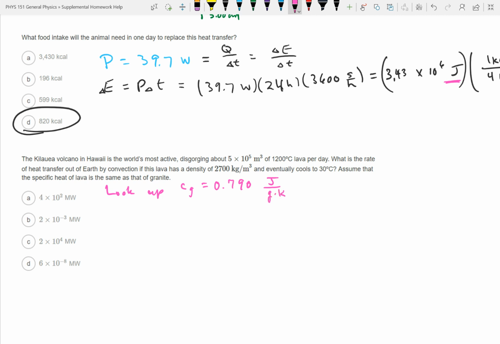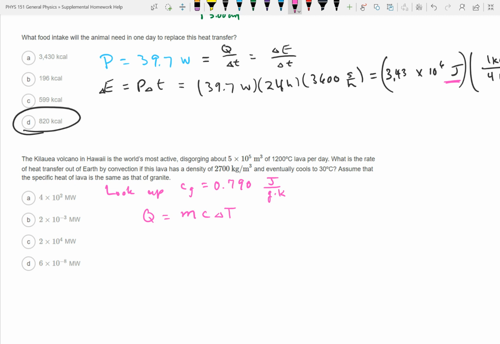I was asking if we would use the equation Q equals K multiplied by the specific heat multiplied by the change in temperature. And that might not even be the right equation.